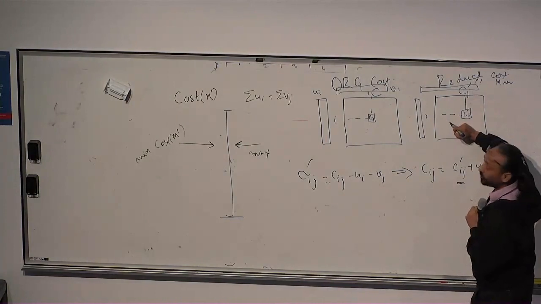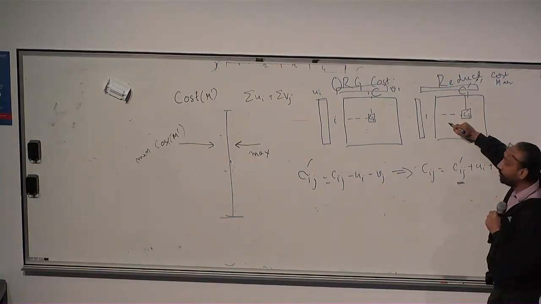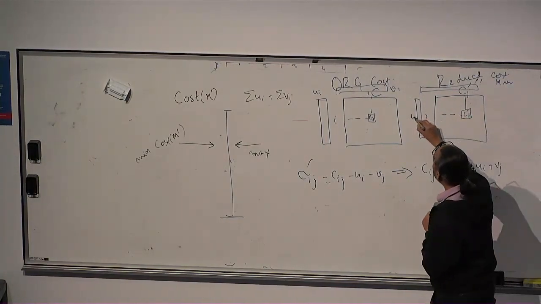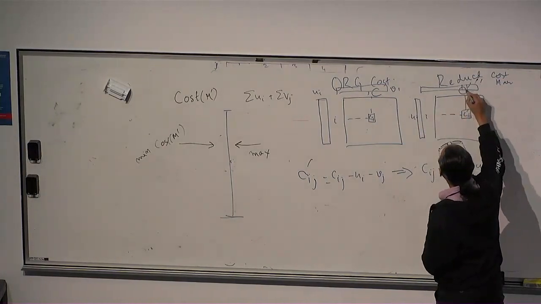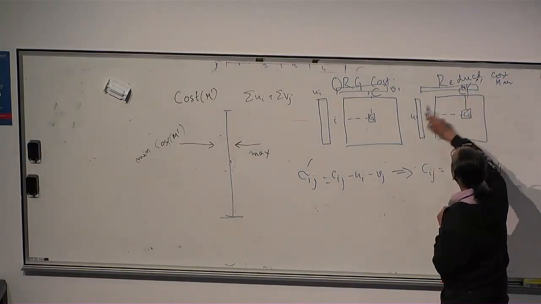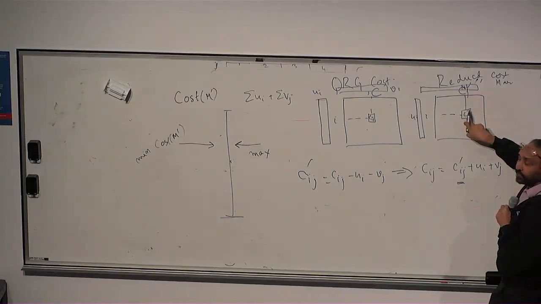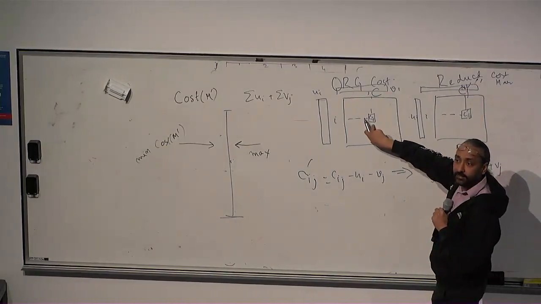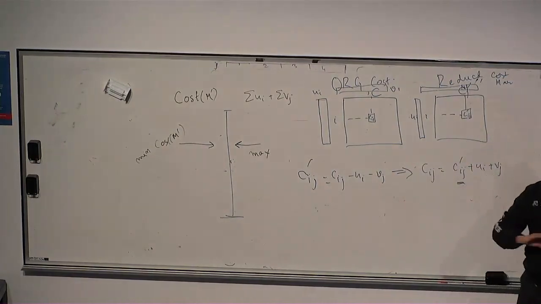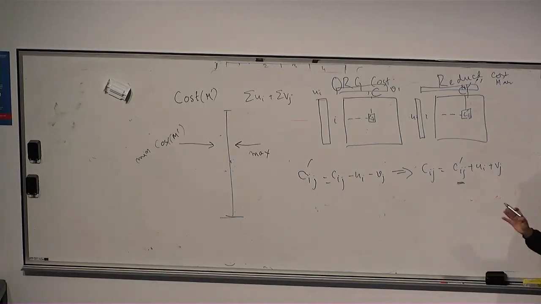So every time you see a value in the reduced cost matrix, there'll be a Ui variable and a Vj variable. If you add them to C prime ij, you would be getting Cij, the original one. Anytime, everywhere in this algorithm, that needs to be true. Okay?